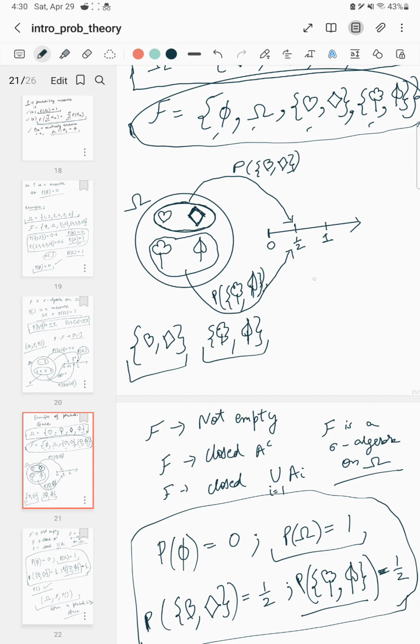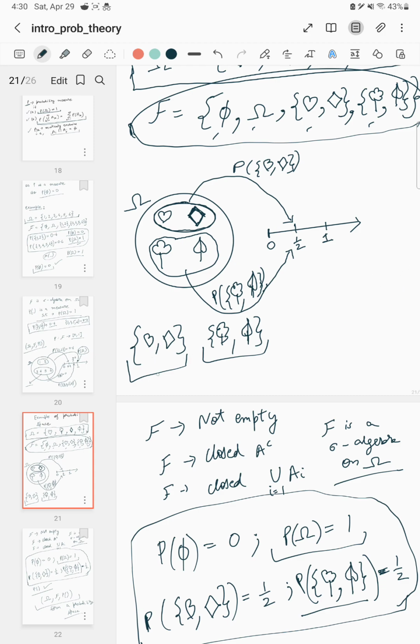Either you can get a red card or you can get a black card when you draw a card. This happened because these two sets are disjoint. The intersection of these two sets is phi, so these two sets are disjoint. Hence, these two events are mutually exclusive.